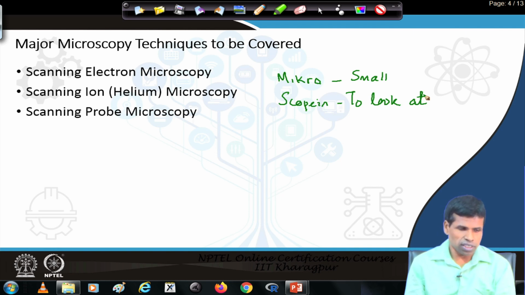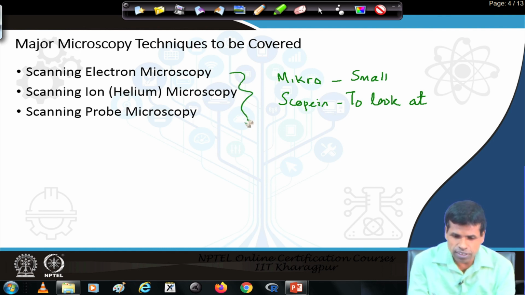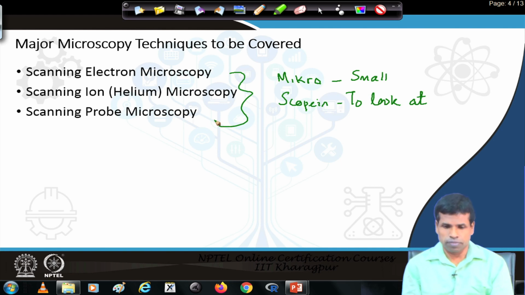In this case we use either an electron, ion or physical probe to visualize an object or create an image to know its shape, size, morphology, etc. All these three techniques give us a three-dimensional image in the nanometer scale, less than 1 nanometer.